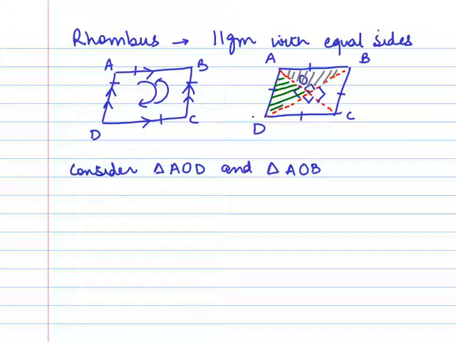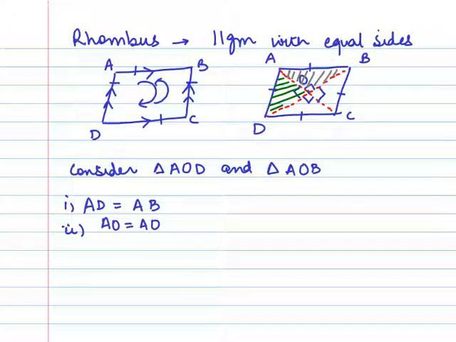Now see, in these two triangles, side AD is equal to side AB because it is a rhombus with equal sides. First. Second thing, side AO is equal to side AO. So AO side is, you can say, common, right?